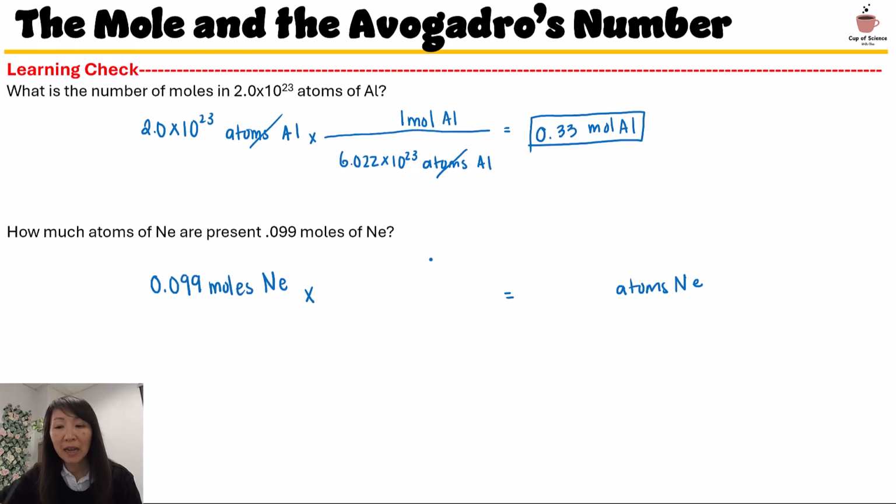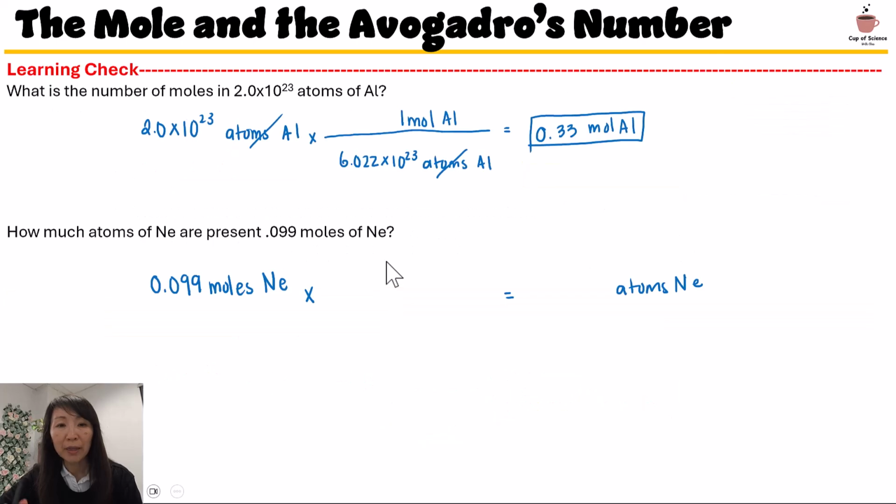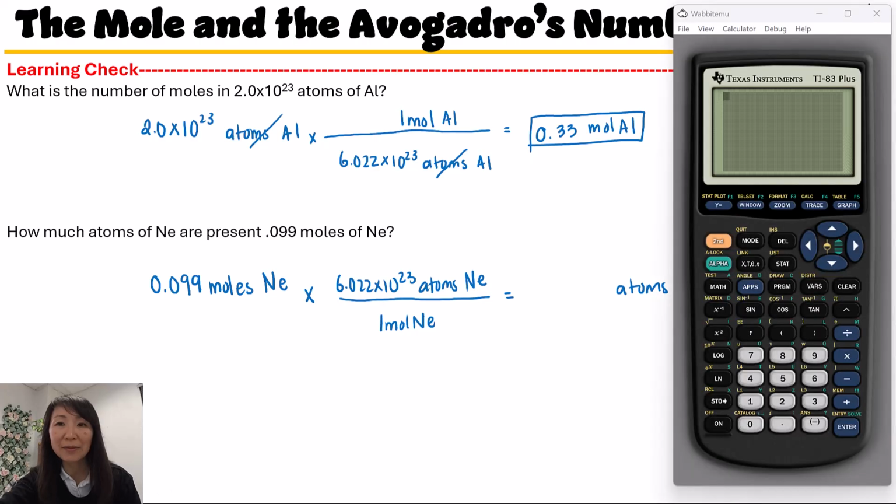What that means is I'm going to go back and look at these 2 unit conversions and choose this one instead. Why? Because we want the moles to be on the bottom. So 1 mole of neon can cancel out the moles of neon, and then the Avogadro number goes on top, atoms of neon.